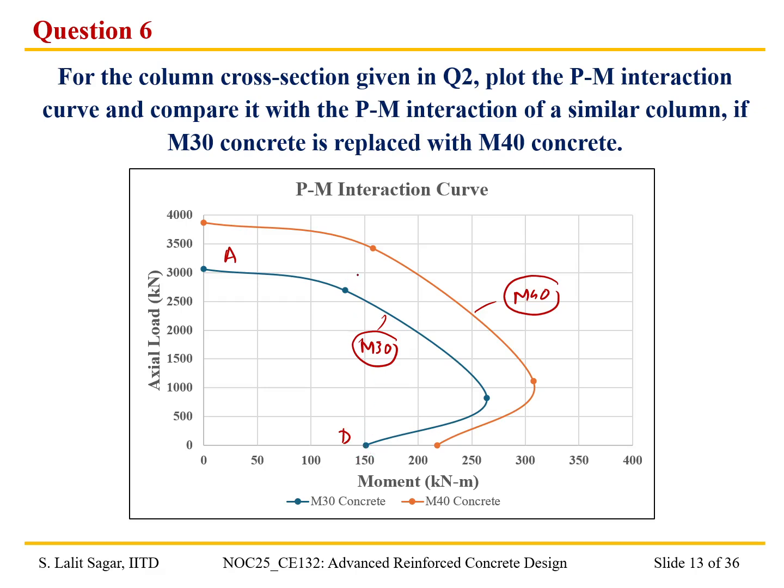Point B corresponds to the decompression capacity. Let me write down the values of P and M, that is 2692 kilonewton and 131.8 kilonewton meter.